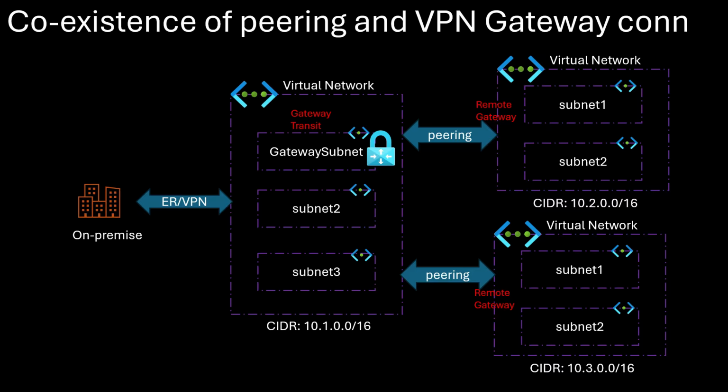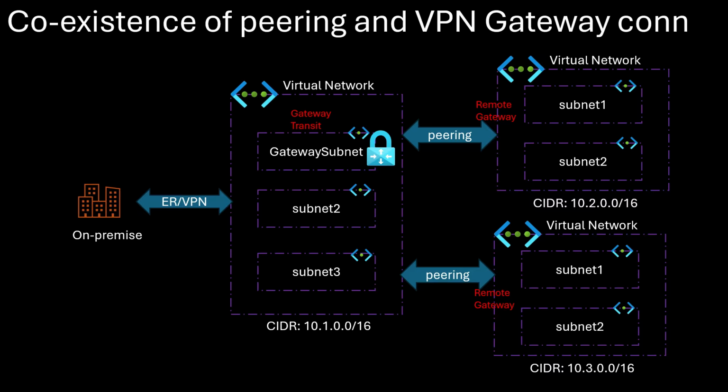This is particularly useful as your workload grows and will help you reduce cost and simplify management while maintaining connectivity across regions and networks. By enabling gateway transit on virtual network peering, you can set up a transit virtual network that houses shared resources like a VPN gateway, network virtual appliances, and other common services.